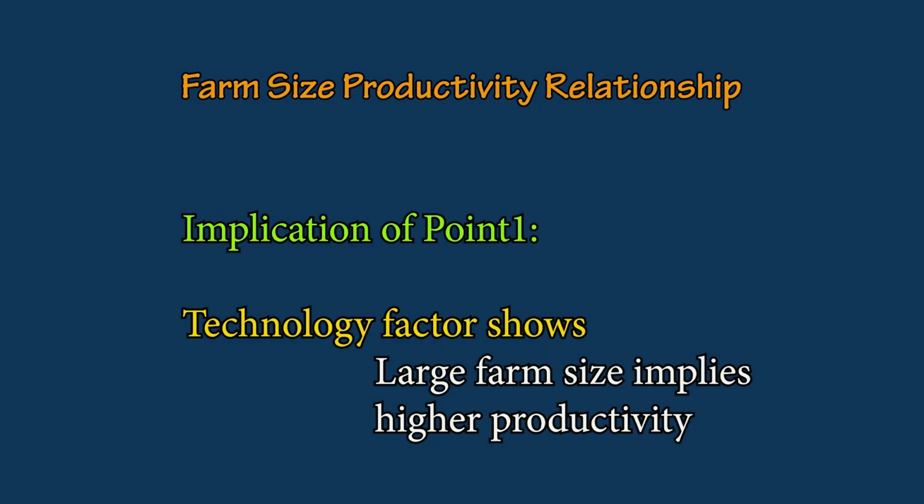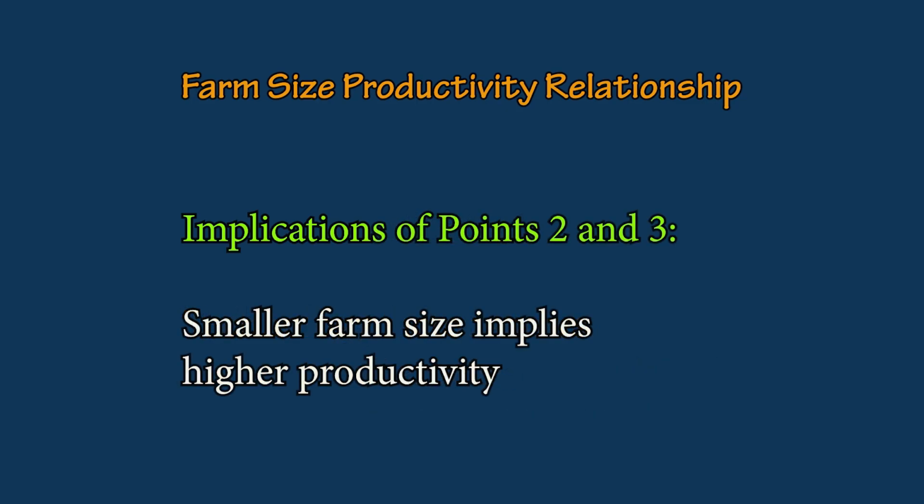So, what we get from it is that while point 1, that is the technology factor, tells that large farms should be more productive than the small farms, if we consider points 2 and 3, we find that smaller farm size leads to higher productivity. So, the net result is ambiguous.